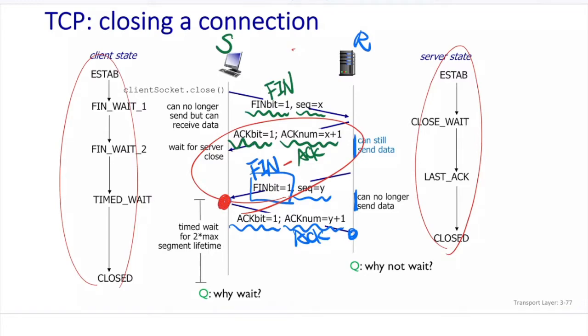As we mentioned before, because it is a two-peer communication, they are remote peers, right?